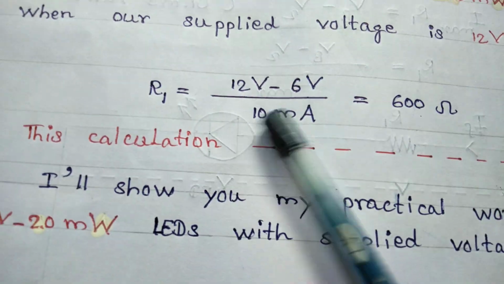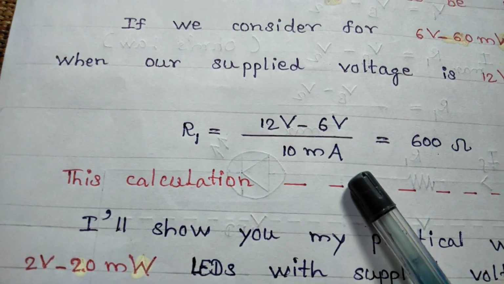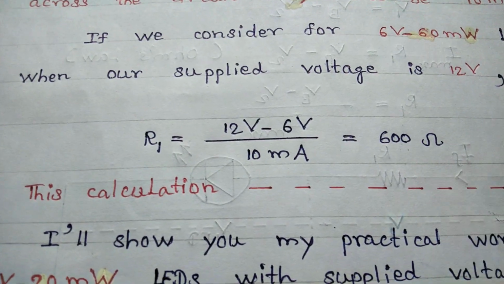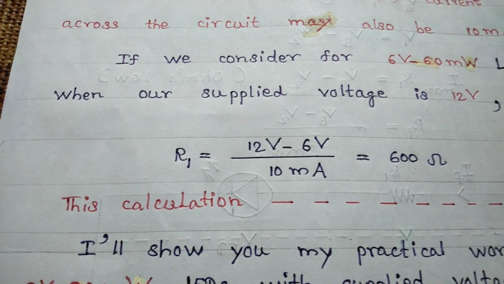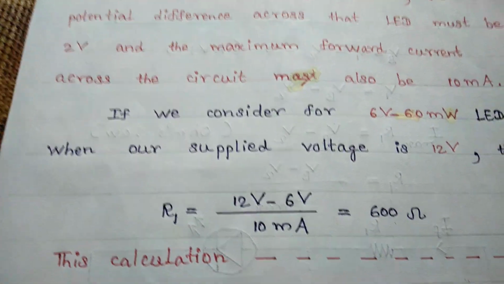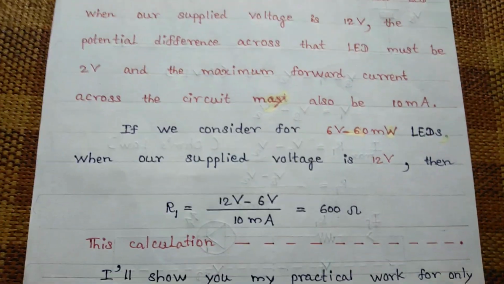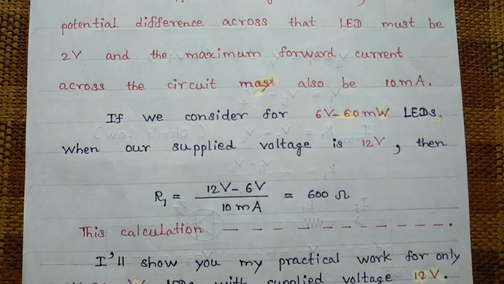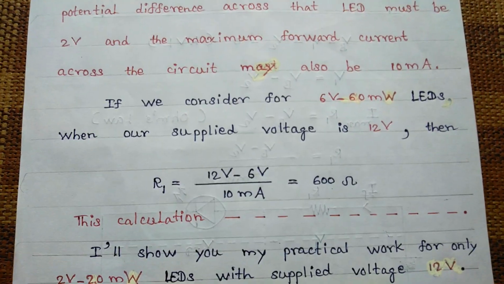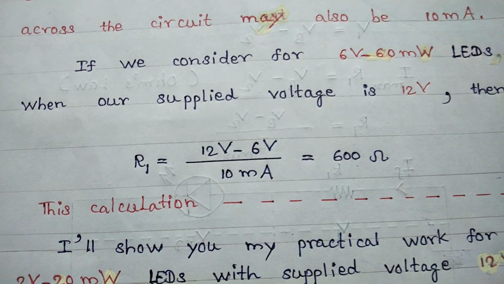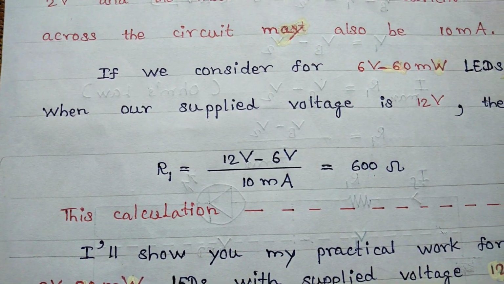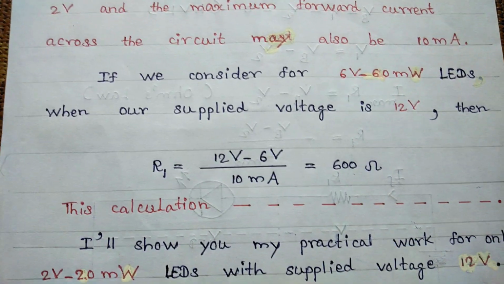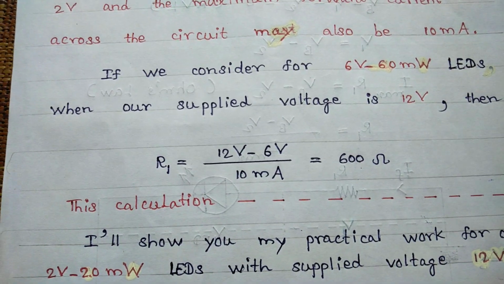So R1 equals 12 volts minus 6 volts divided by 10 milliamp, which equals 600 ohm. This calculation shows that if we use a 600 ohm resistor in series with an ideal LED, when our supply voltage is 12 volts, the potential difference across that LED must be 6 volts and the maximum forward current in the circuit will also be 10 milliamp. Okay, I hope you clearly understand.